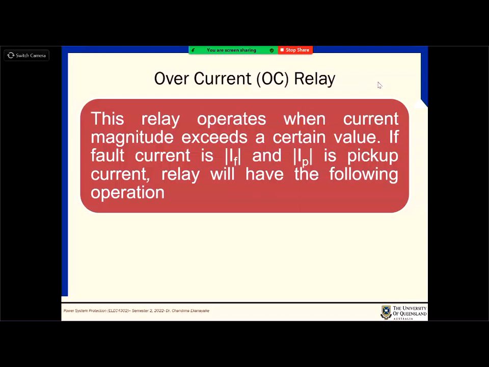But you have control over something called pickup current. Pickup current is what you set in the relay, an instruction saying that if the current is above this, do something. So that pickup current is your setting.